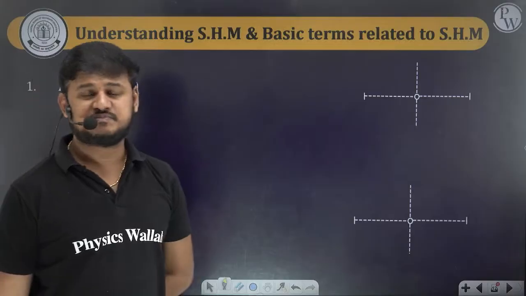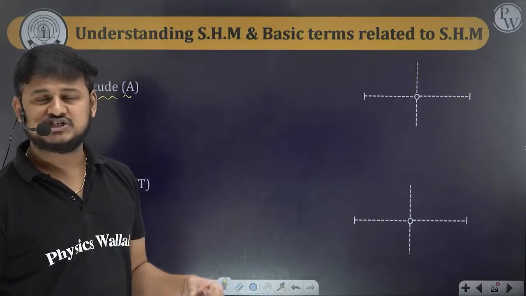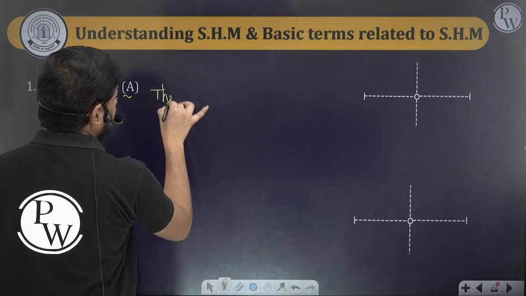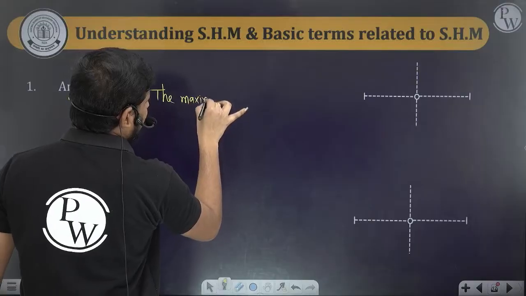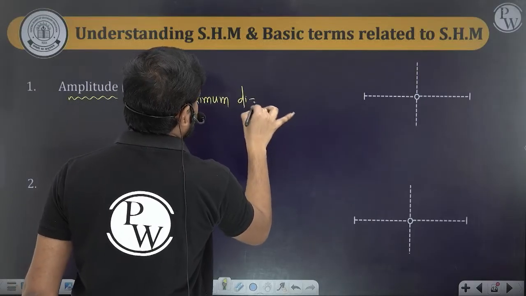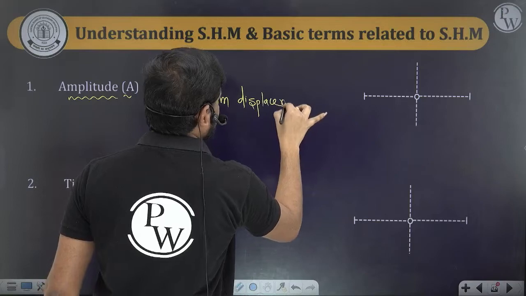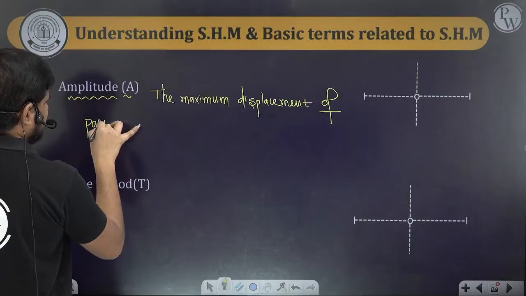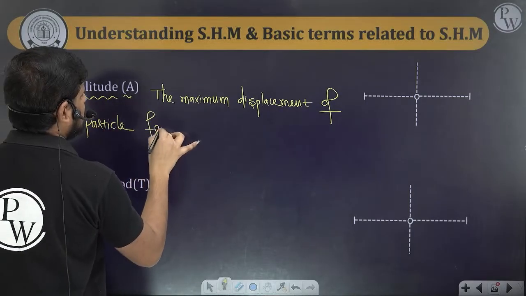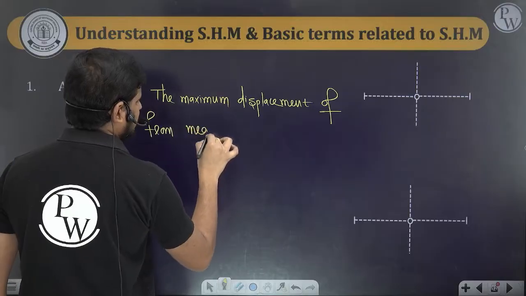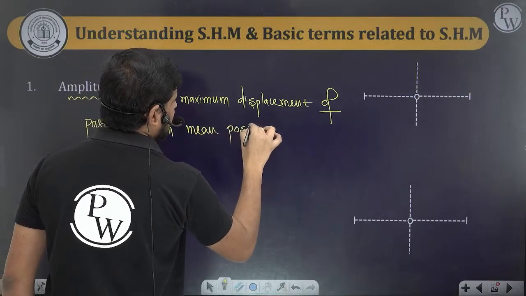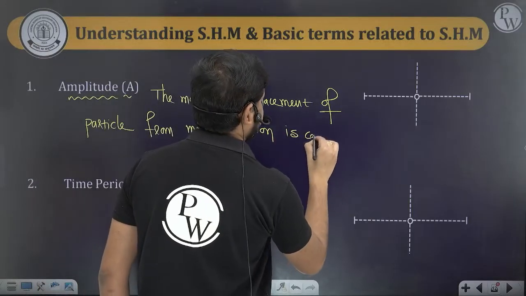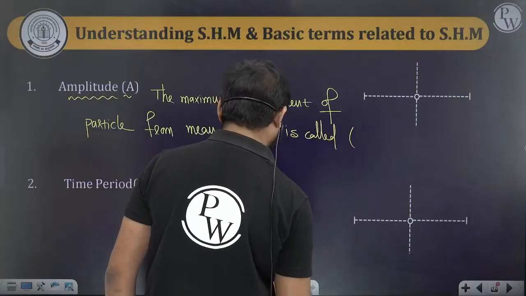The maximum displacement of the particle from the mean position is called the amplitude A.